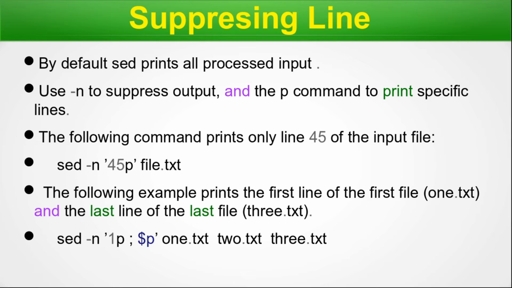What it will do is print the first line of the first file and the last line of the last file. You can play around and see how you can vary this, because it is non-destructive output, that means the input remains intact. You can see the output on your screen and compare. So this way you can try it out.